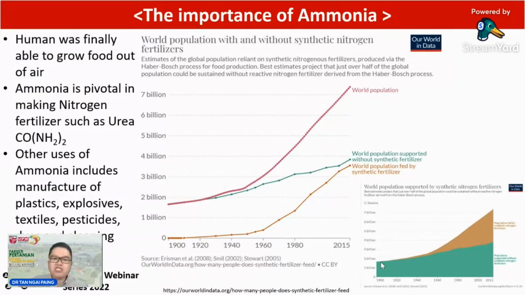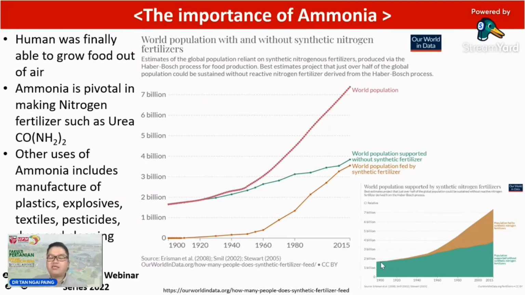So imagine Haber-Bosch was never there. He was never born, or nobody cared about it. So we wouldn't have so much population nowadays, or should I say the population would not have grown as today.